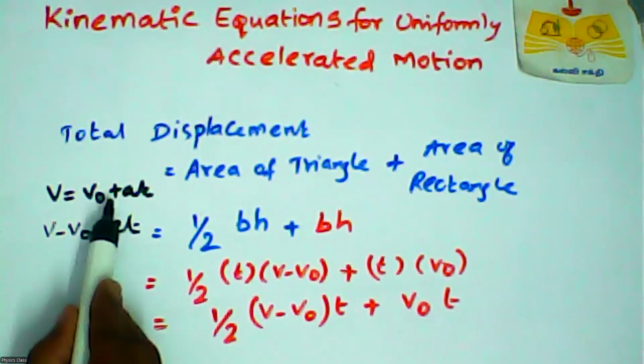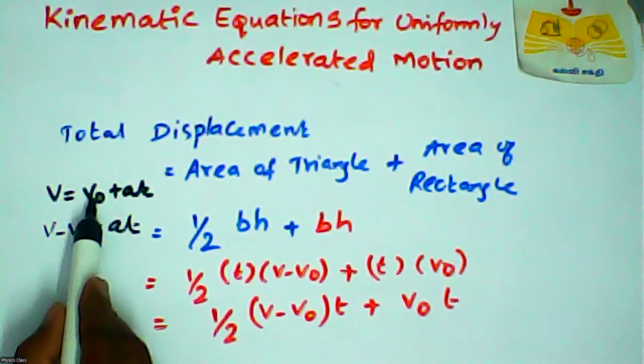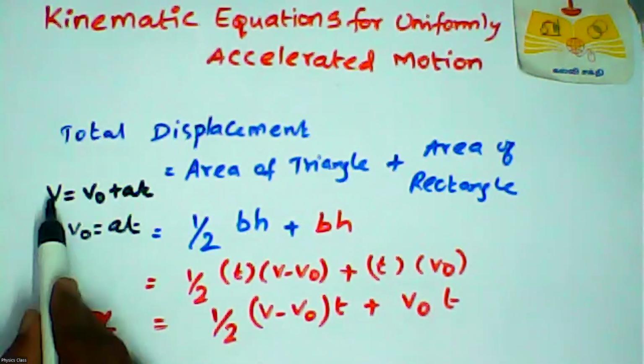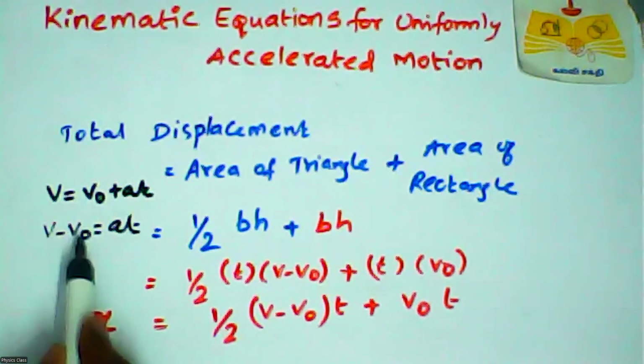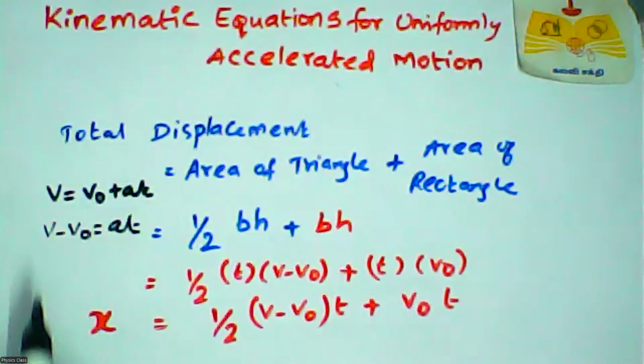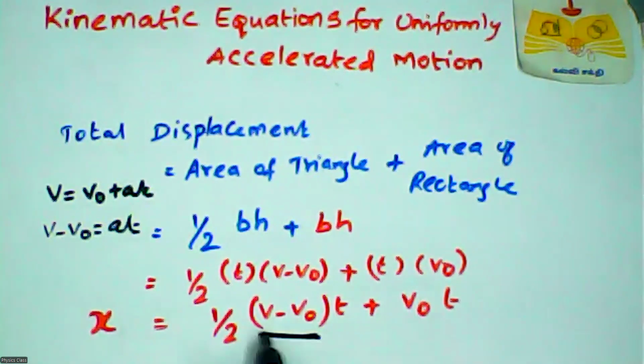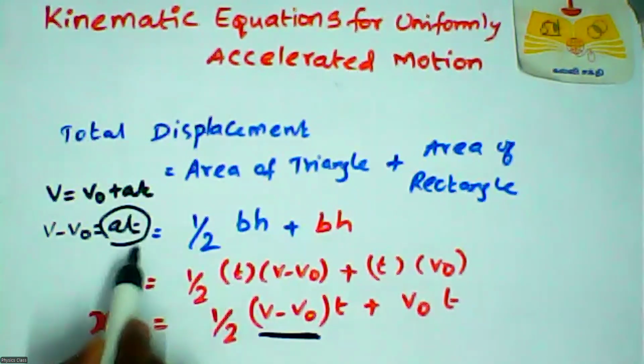Is it correct? Just take v naught from that position to that position, so the sign will change. That's why v minus v naught is equal to at. Now look at that: v minus v naught. We can put at here.